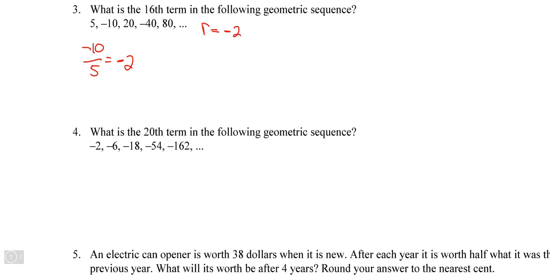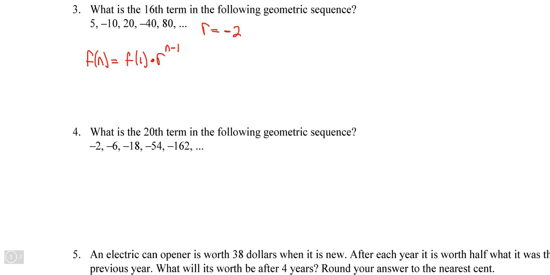So you can, if you want, go ahead and multiply by -2 until you get to the 16th term. But the better way to do this is by using the explicit rule. So remember, the explicit rule for a geometric sequence is as follows. F of n equals f of 1, which is the first term, times r to the n-1 power, where n-1 is obviously 1 less than your n value.